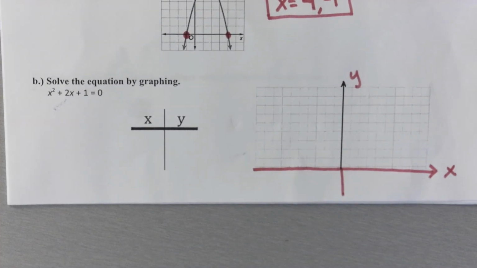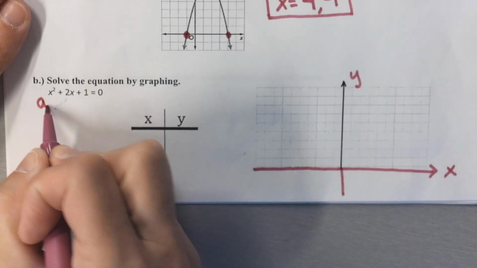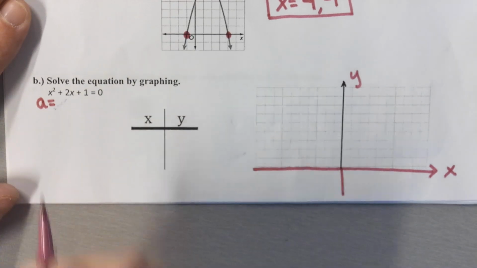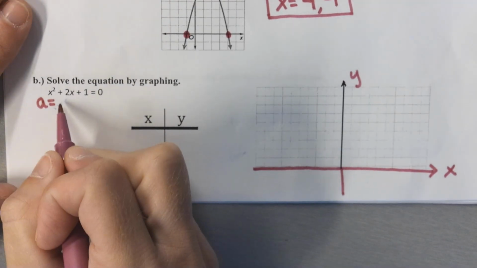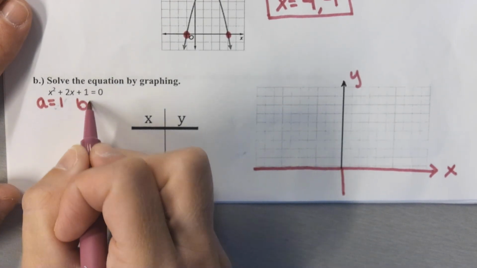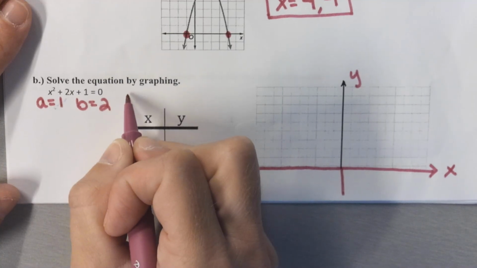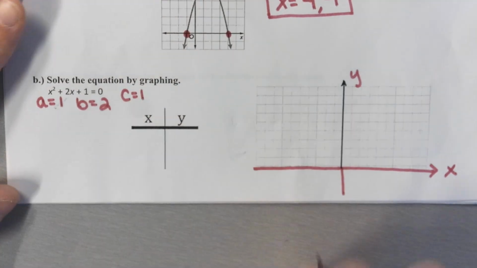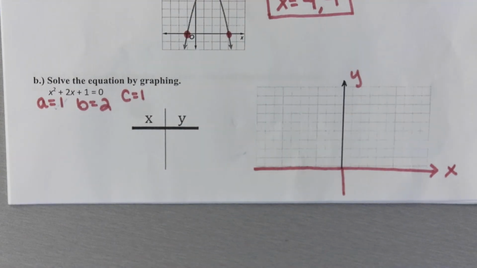Let's make that a little bit better. All right, so I have a quadratic equation. Remember, we would pick out our a's, b's, and c's. What's a? 1. What's b? 2. What's c? 1.